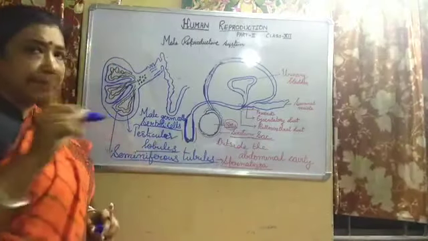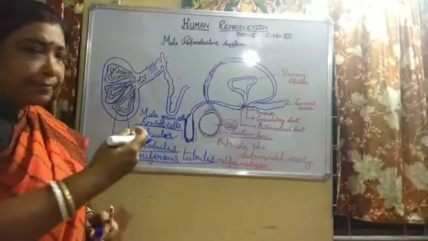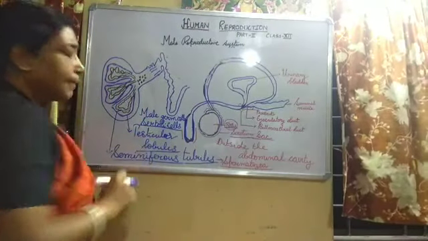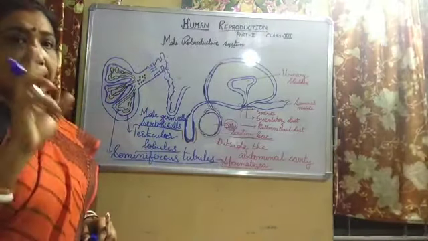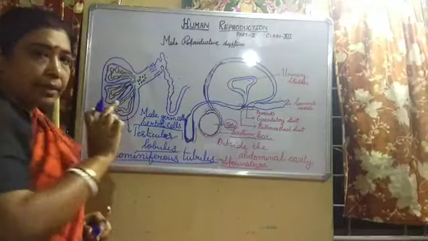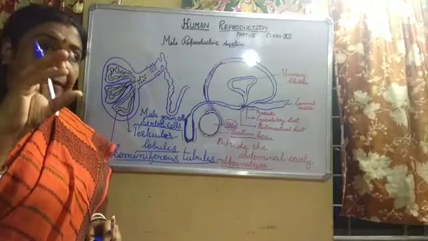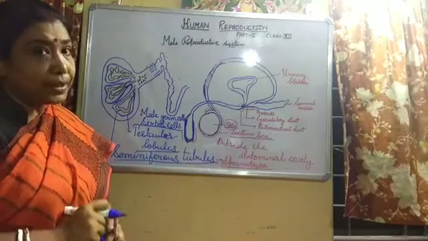Again I am repeating: in the sectional view of the testis, you will find several compartments, known as testicular lobules. In a testis there are about 250 testicular lobules.